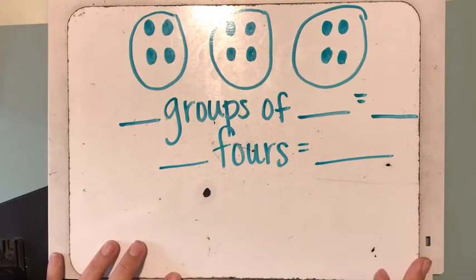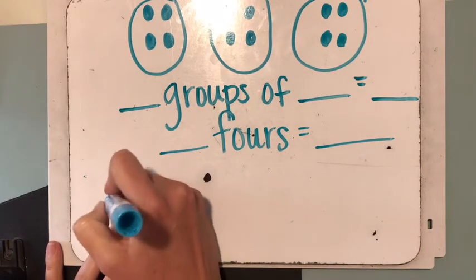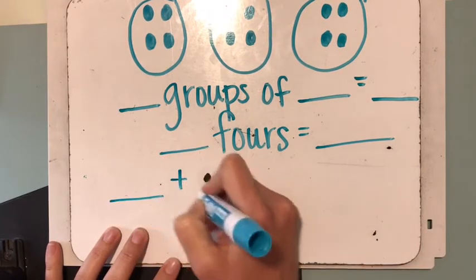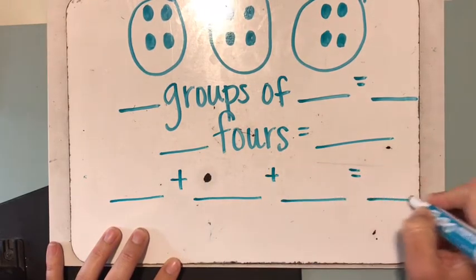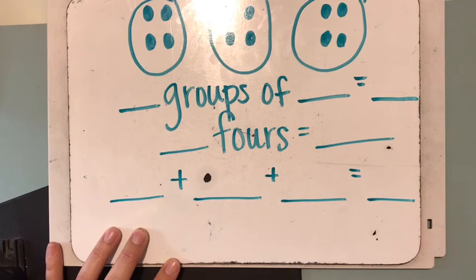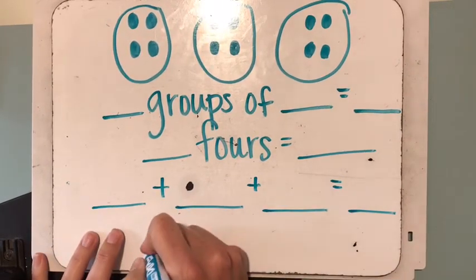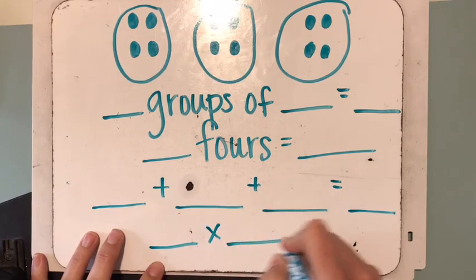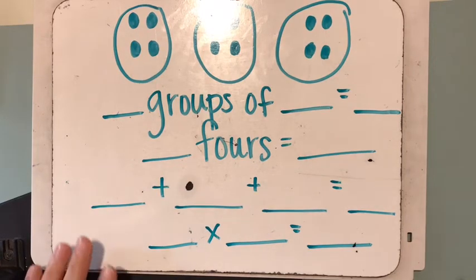Pause the video and write that one. And then the third one here is blank plus blank plus blank equals blank. So pause the video and do that one. And then your last one is blank times blank equals blank. And pause the video and do that one.